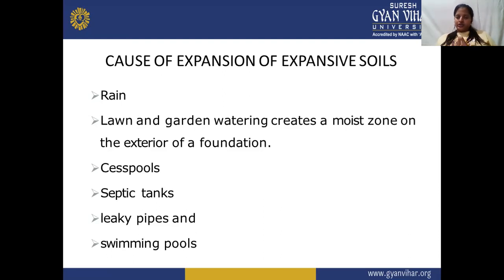First of all, most importantly, rain. Lawn and garden watering creates a moist zone on the exterior of the foundation. Also cesspools, septic tanks, leaky pipes, and swimming pools. So these causes have to be considered while working with expansive soil.